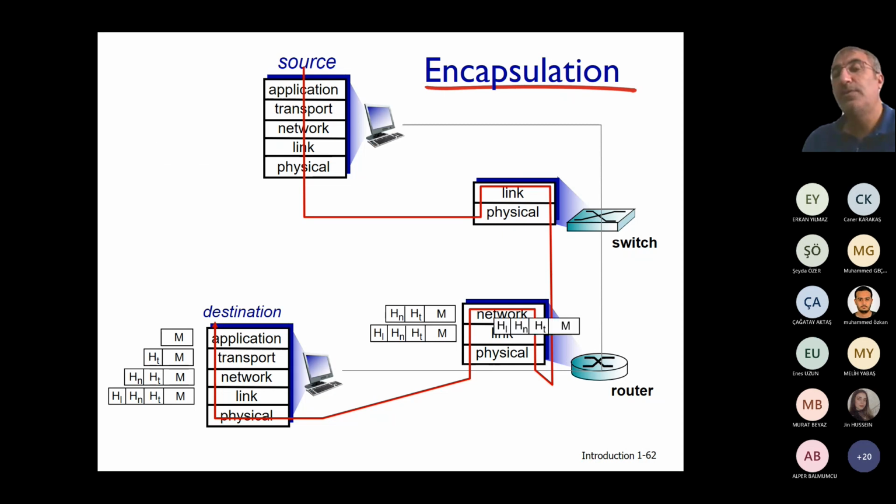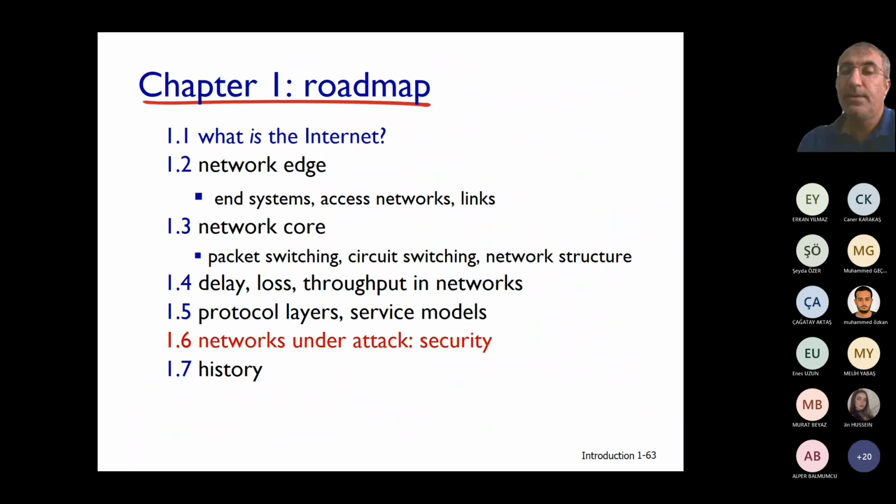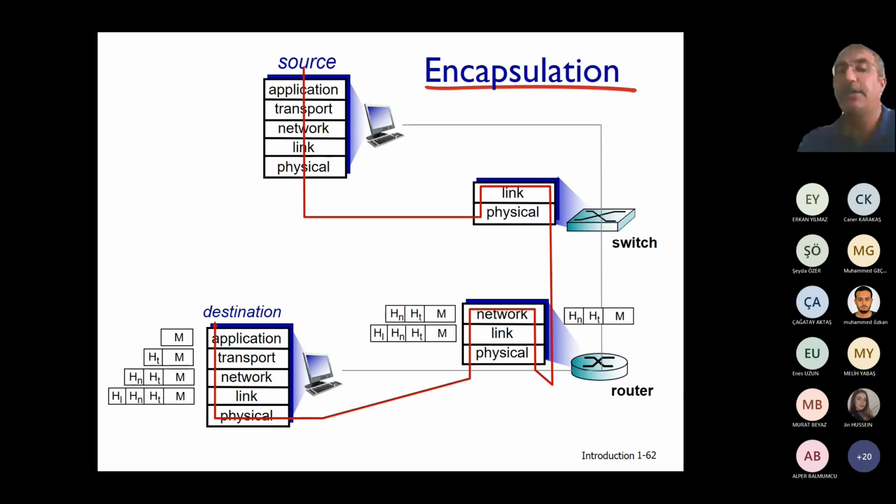And then we pass over switches at the link and physical layers, and then to a router. The router consists of three layers, including the network layer. So it's going to remove these headers one by one up to the network layer and then pass to the destination.